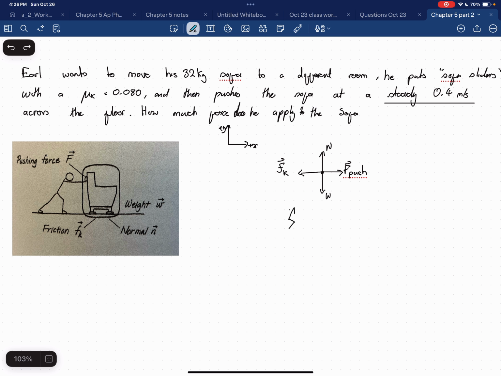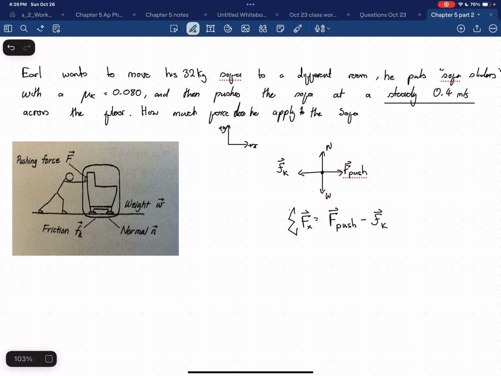So if I look at my x direction, to be neat, I will put the positives first. My positive vector in the x direction is the force of my push, minus the kinetic friction.